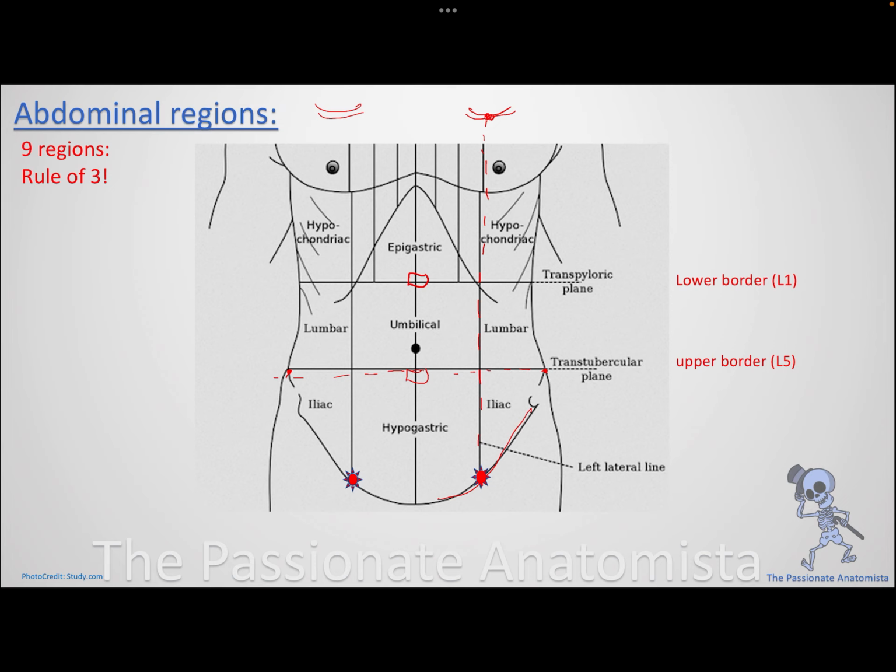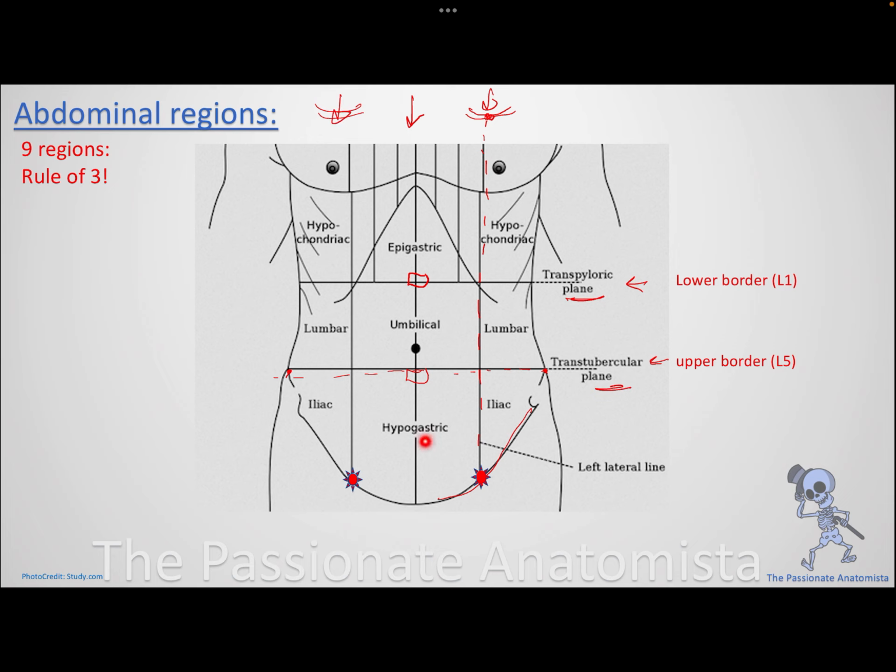So this is the transtubercular plane, right? So you have 3 vertical planes and 2 horizontal planes, and that will give you finally 9 regions.